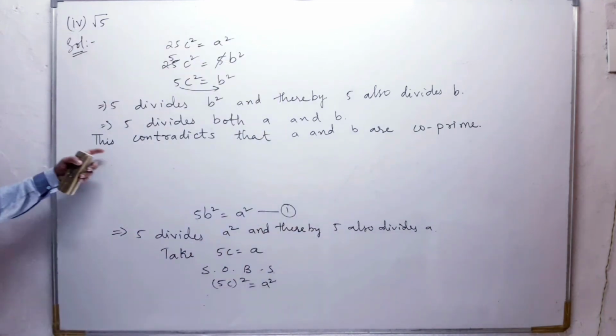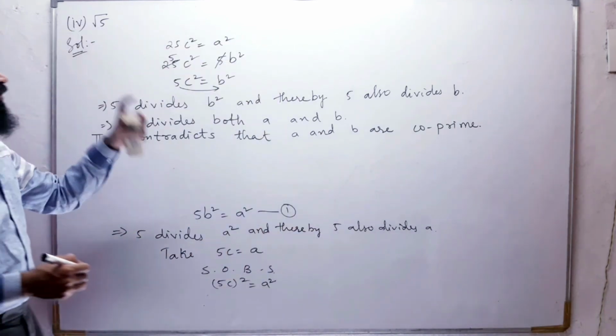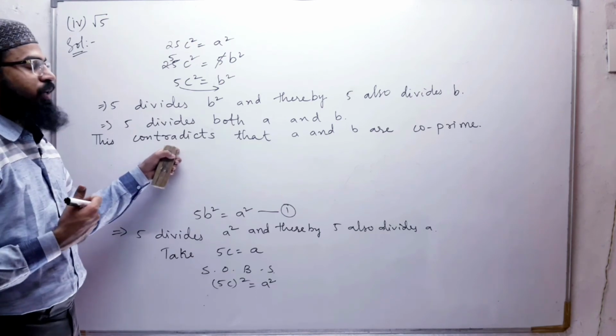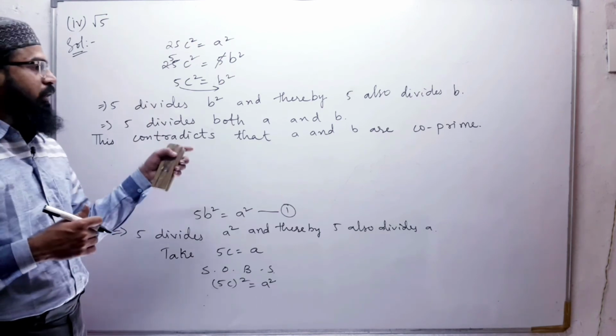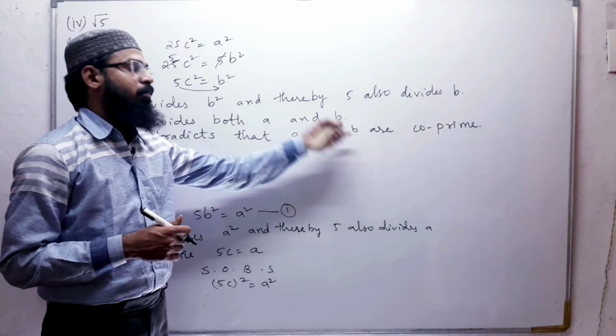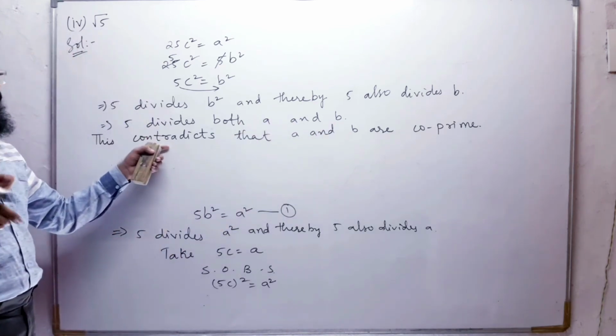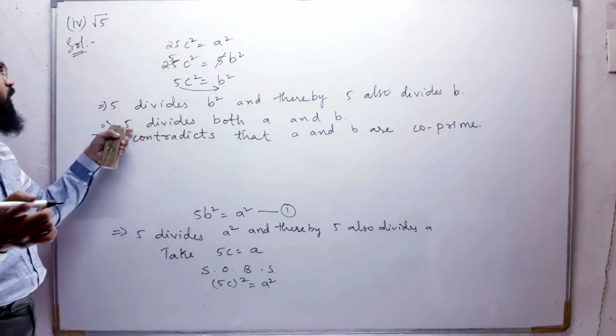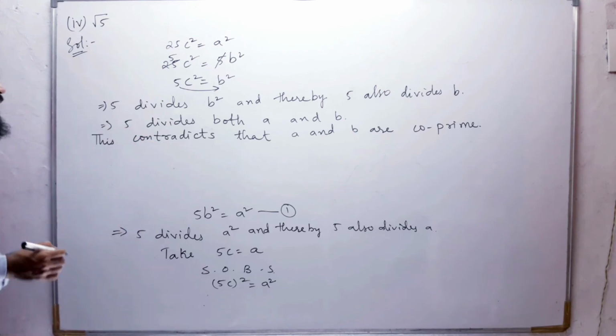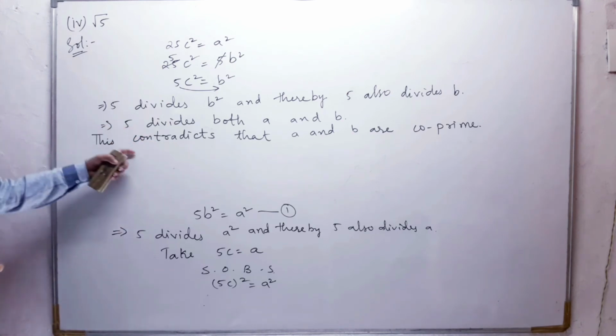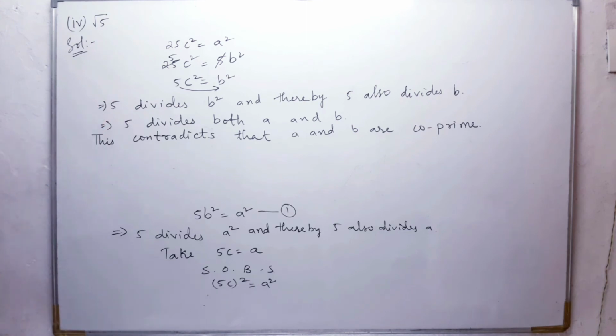This contradiction means what we assumed at the beginning, that they were coprime, has given the opposite result. Coprime means both have 1 as a common factor, but we got 5 as a common factor, so they are not coprime. Why has this situation arisen?